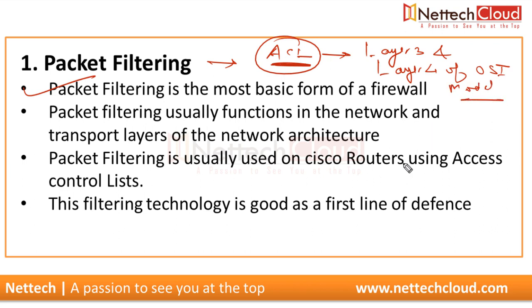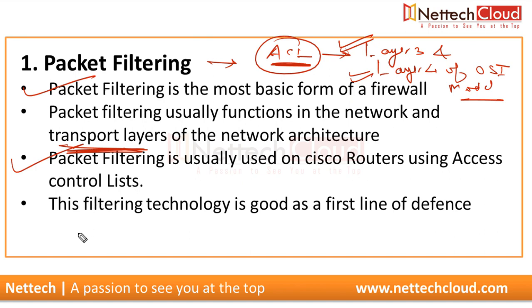It means traffic is allowed or denied on the basis of the layer 3 address, that is the source and destination IP address, and the layer 4 address, that is the destination port address. Layer 3 and layer 4 are the network and transport layers. Packet filtering is usually used on Cisco routers using ACLs.